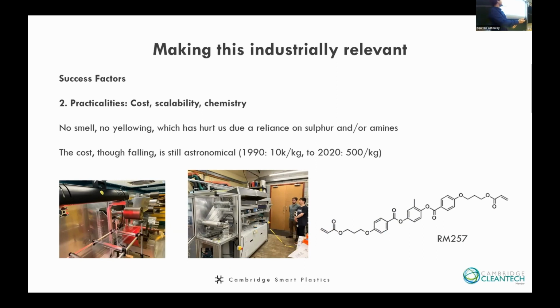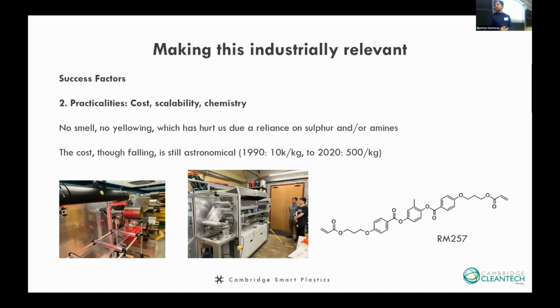We had to immediately remove thiols and sulfur and things like that because every time we spoke to a company, no one wanted to deal with us anymore, because even if it's fully reacted and it doesn't smell anymore, the fact that you might heat it someday and then your sunglasses will have a little whiff of sulfur was intolerable to them. And then again, we use amines, they go yellow, so we have to add things to get rid of the yellowing. So the chemistries had to change substantially, to the detriment of the product, for it to become industrially relevant anyway.